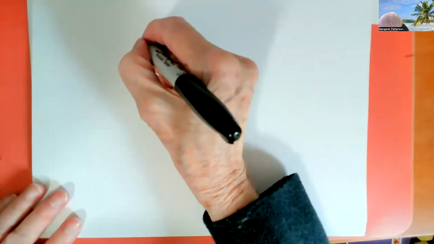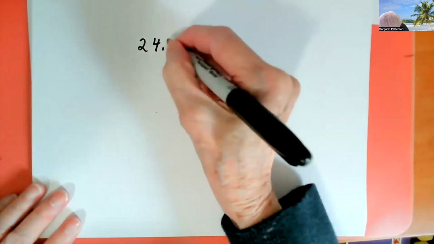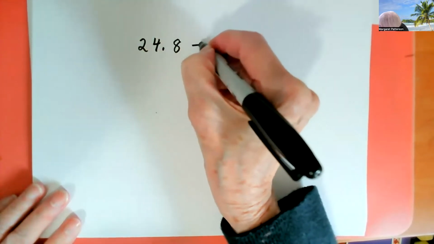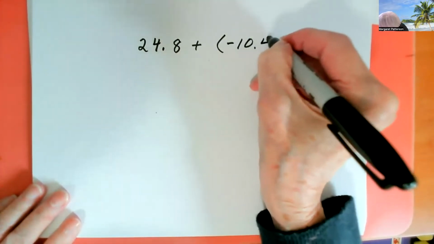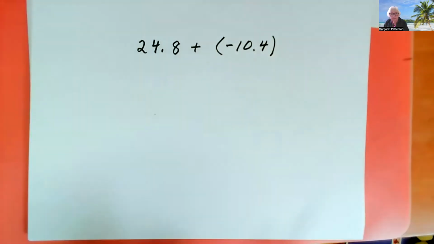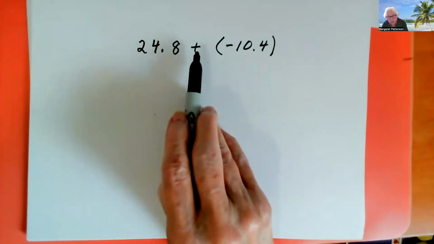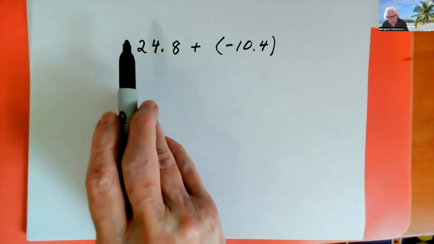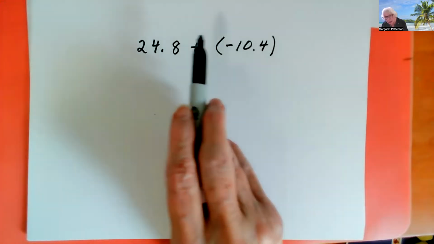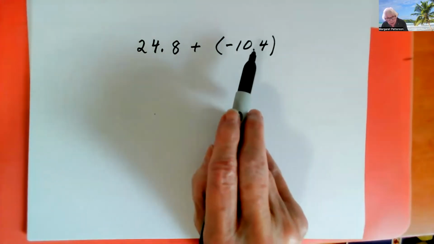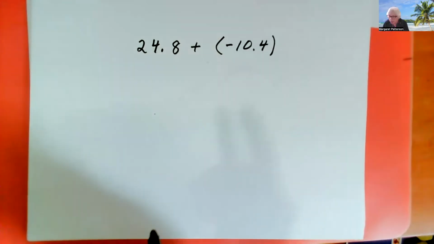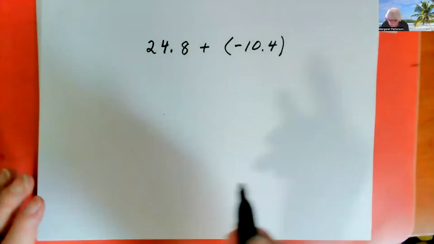Let's try another one. This is also a decimal, 24.8 and minus 10.4. This is addition. The first number is positive because you see no sign. The second number is negative. The signs are opposite. So what you end up doing is subtracting the two numbers.